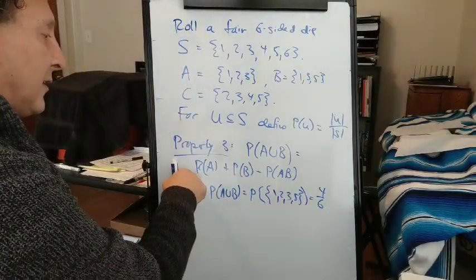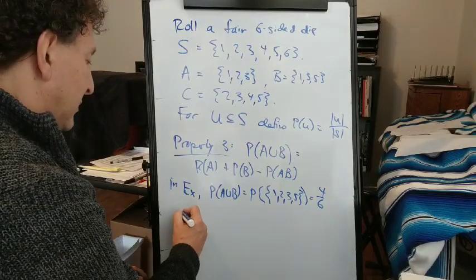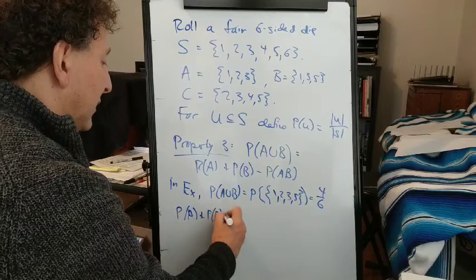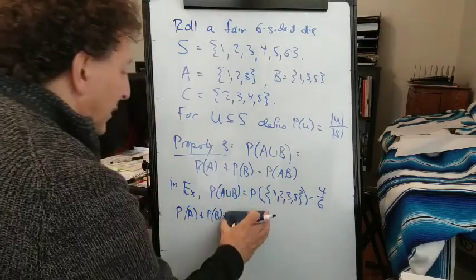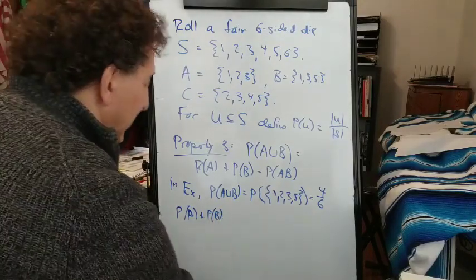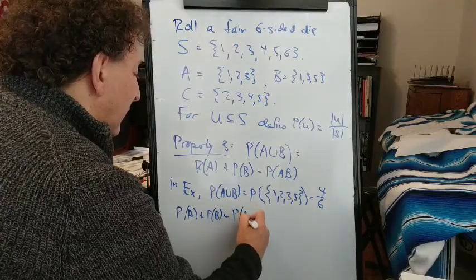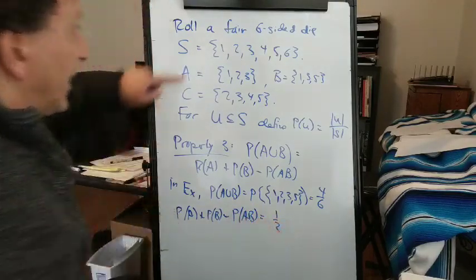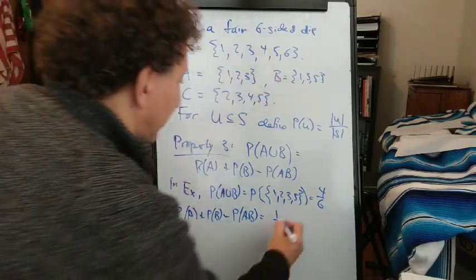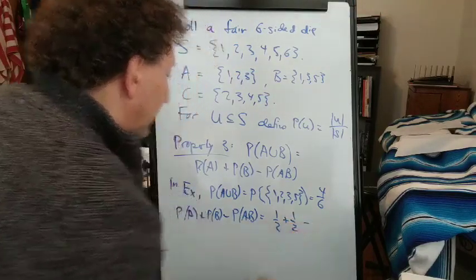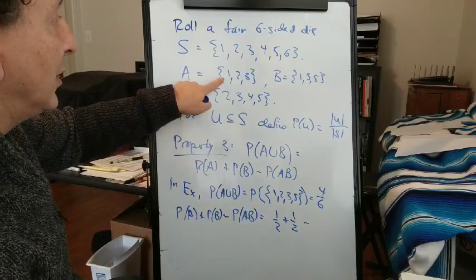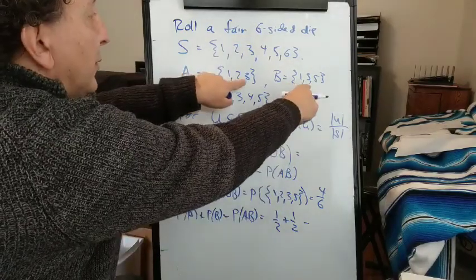And then if we look at the right-hand side of the equation, probability of A plus probability of B minus probability of A intersect B equals 1/2, 3 over 6, plus 1/2, 3 over 6, minus the probability of A intersect B. So 1 is in both of these and 3 is in both of these.